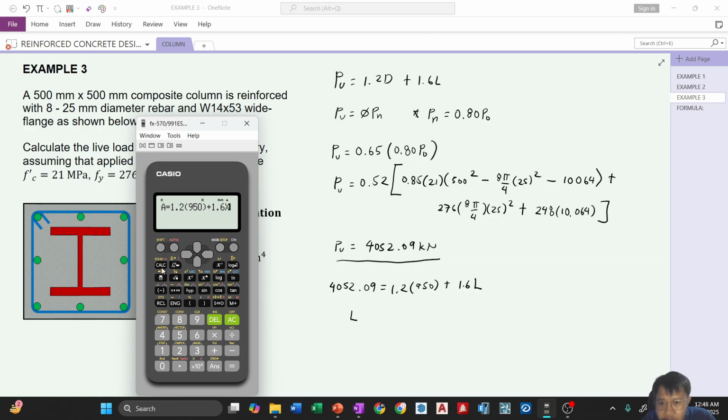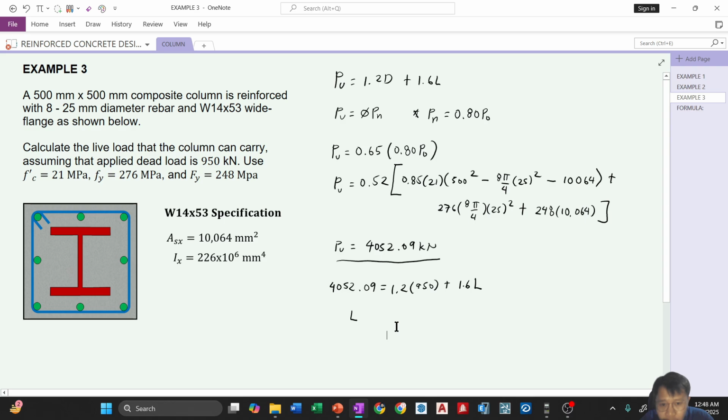Okay? So, solving for the live load, 1820.06 kilonewton. And this is actually our final answer. Okay? So, this is the solution for number 3.